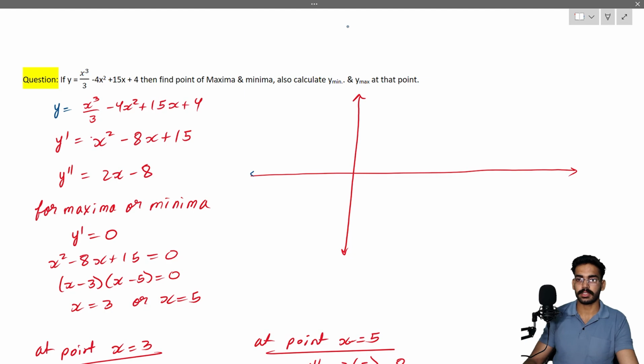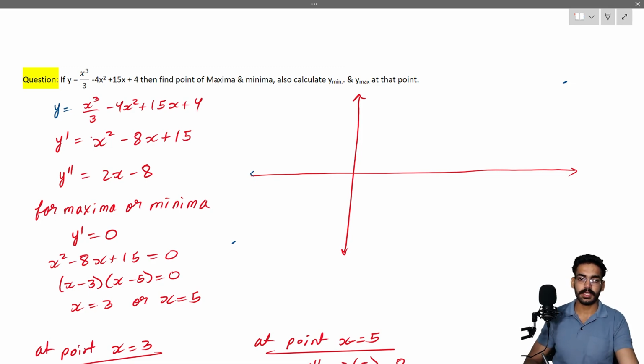If I put minus infinity, y is minus infinity. So it starts here somewhere, goes like a curve, and then goes to plus infinity. But what happens in between, we are going to see.